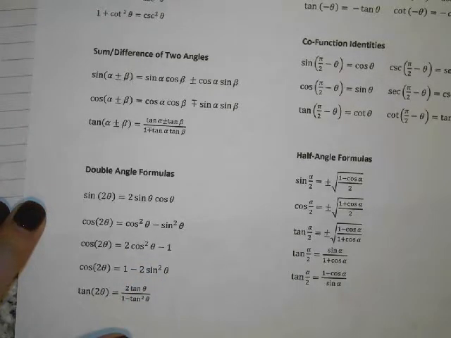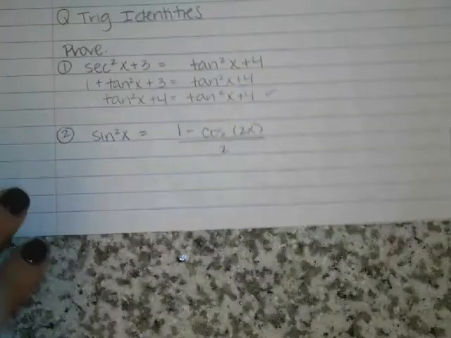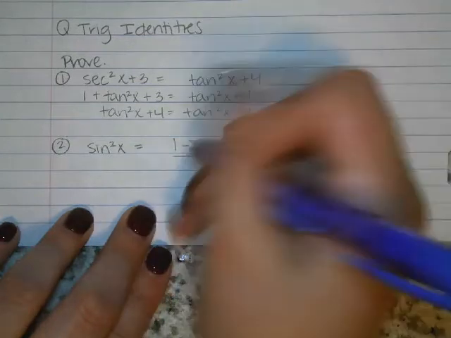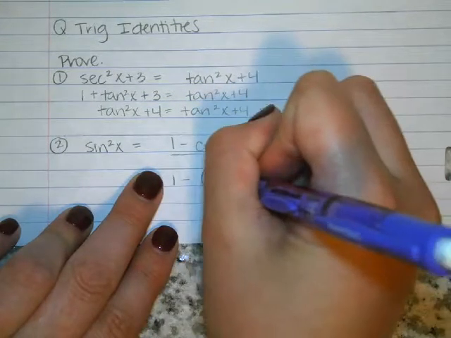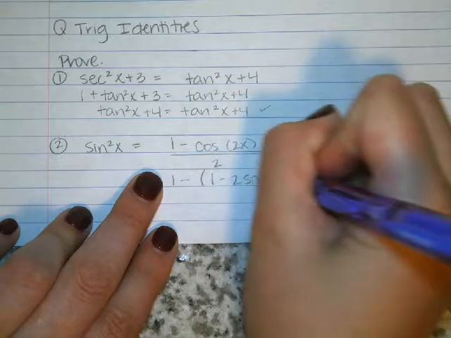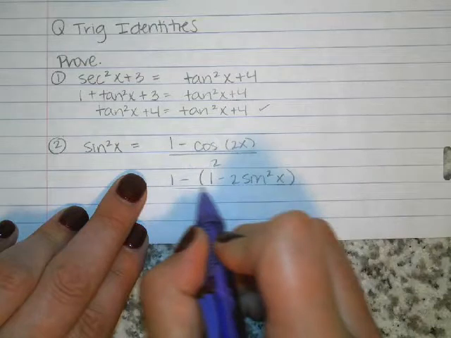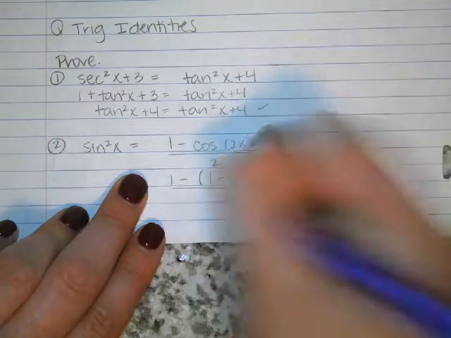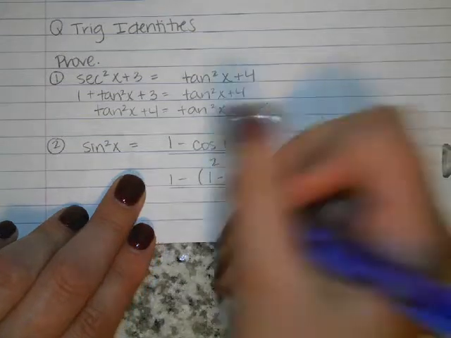So I'm going to replace cos 2x with 1 minus 2 sine squared. So I'm going to have 1 minus, and then in parentheses, 1 minus 2 sine squared x. And then that's all being divided by 2. So I'm subtracting those parentheses. That means I can distribute the negative.